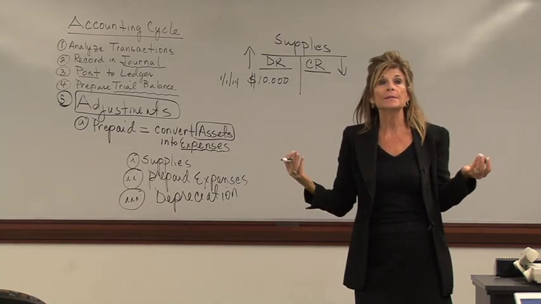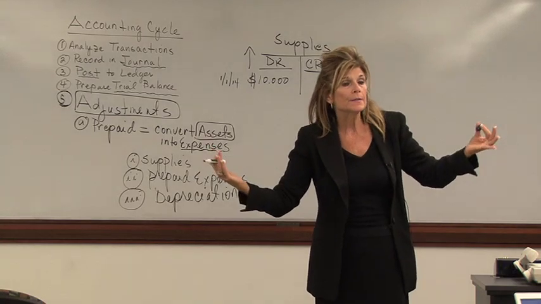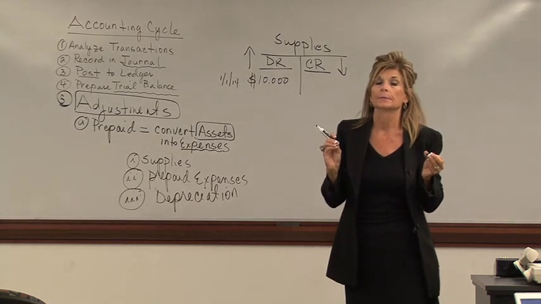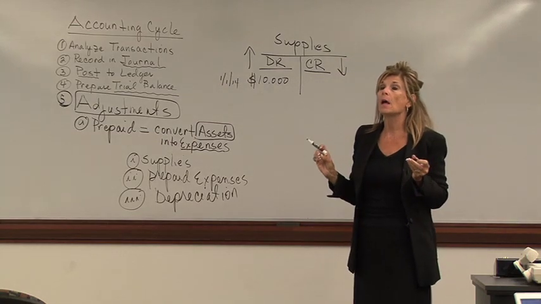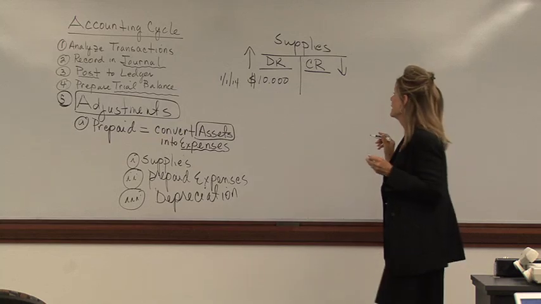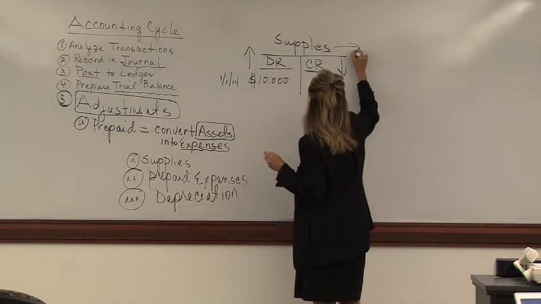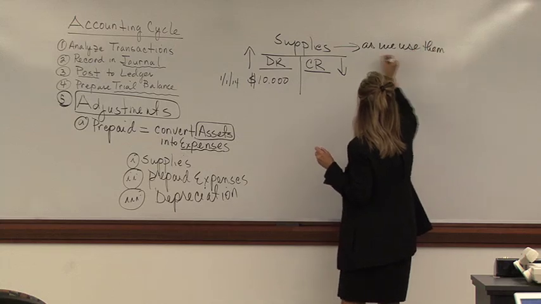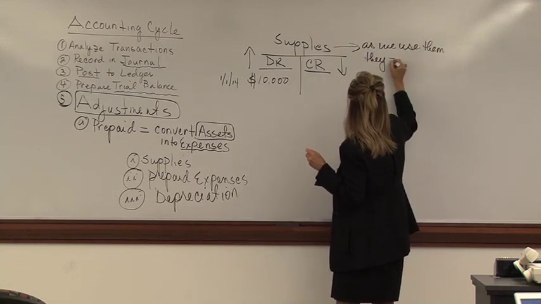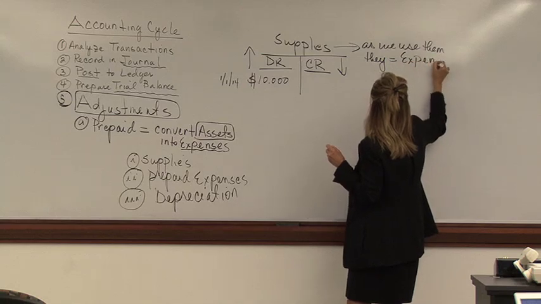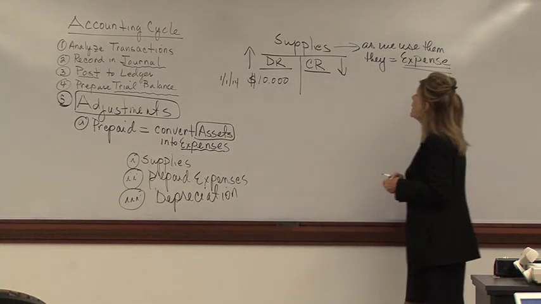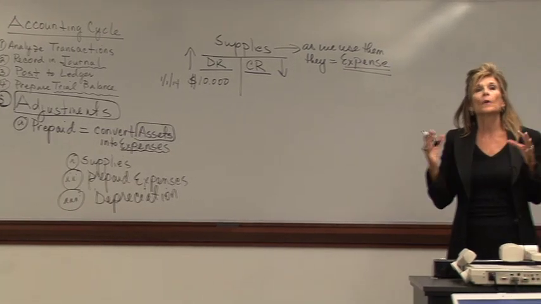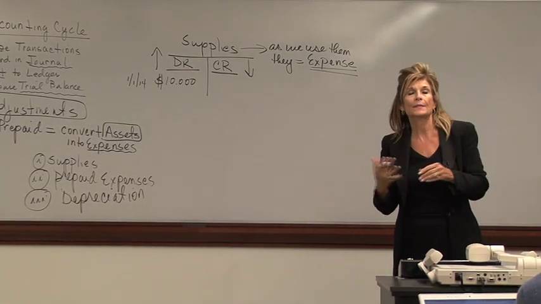As time passes, your employees, your company, is going to use the supplies. As the supplies are used, they become expenses. So one way of looking at an expense is to say it represents a used up asset.